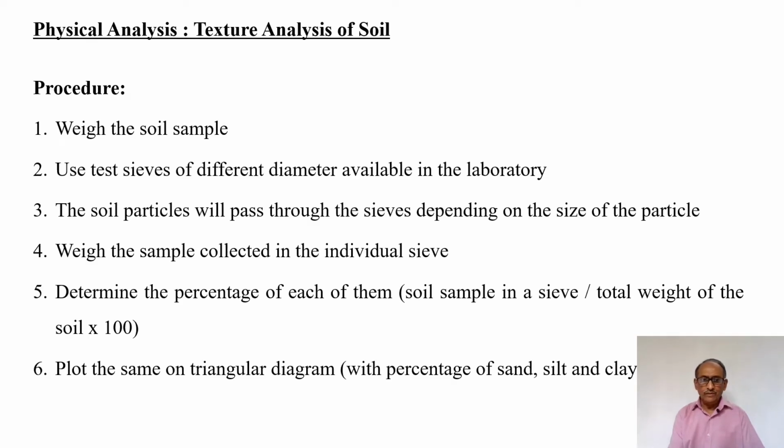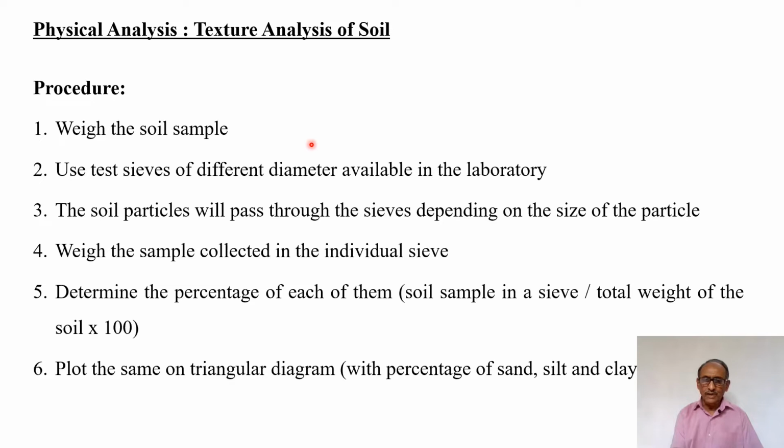Next. So in physical analysis, the texture of the soil is more important. So how do we find out the texture of the soil? We can visually see the texture, but to do it more scientifically, this is the procedure given here. You first take a soil sample, then using a sensitive balance, you take the measurement of that soil sample.